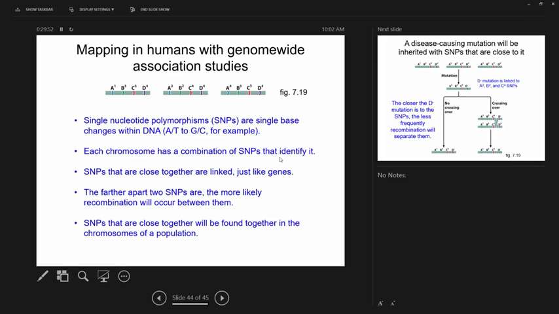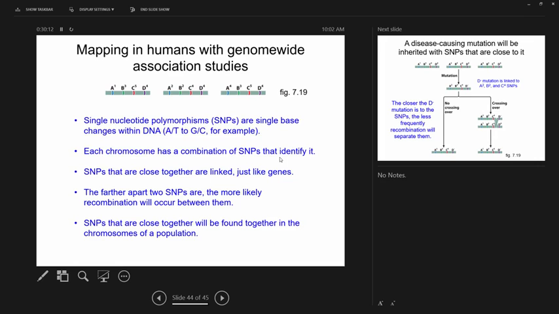In any case, SNPs can be used, or other polymorphisms can be used, just like genes. You can do genetic mapping with them. The farther apart two SNPs are, the more likely you get recombination between them. The closer they are, the less recombination you get between them.